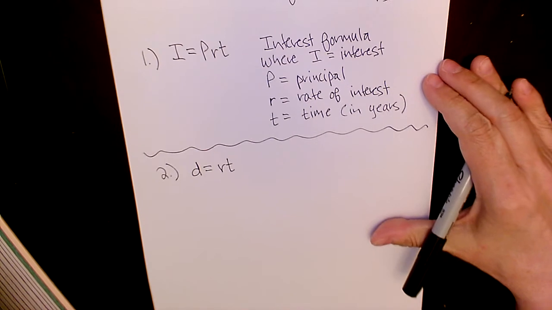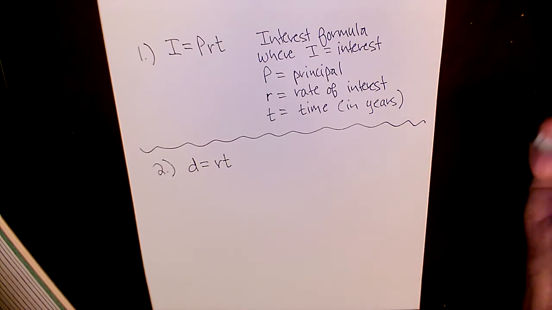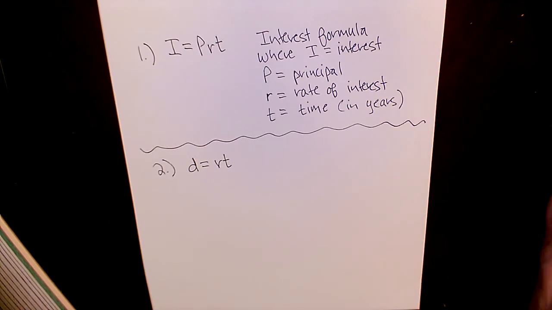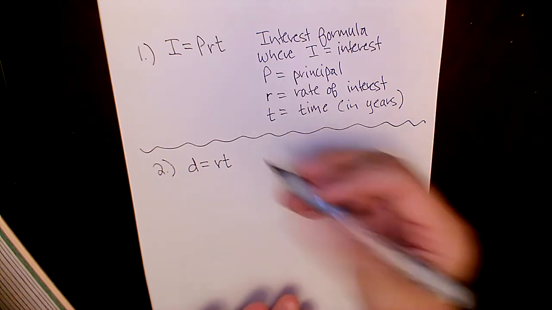Number 2 is D equals R times T. You're going to be seeing this a lot in section 3.3, so I want to go over it now so it won't be a surprise for you.